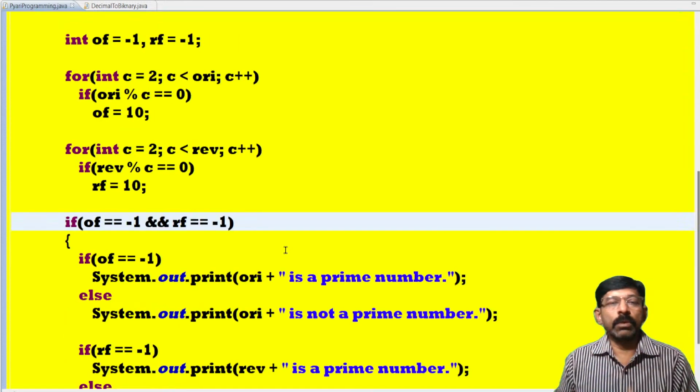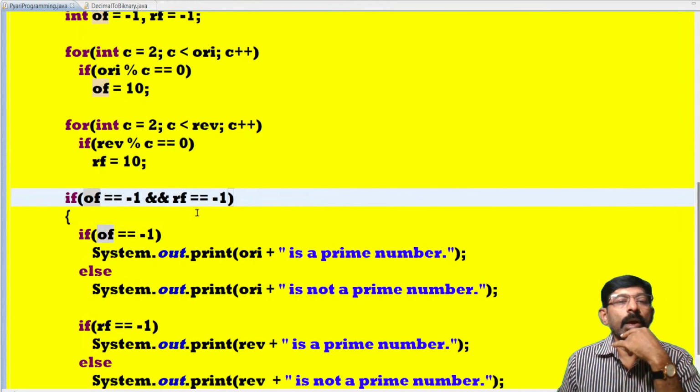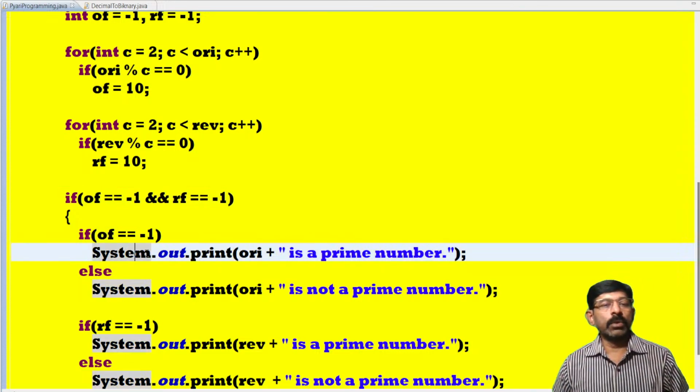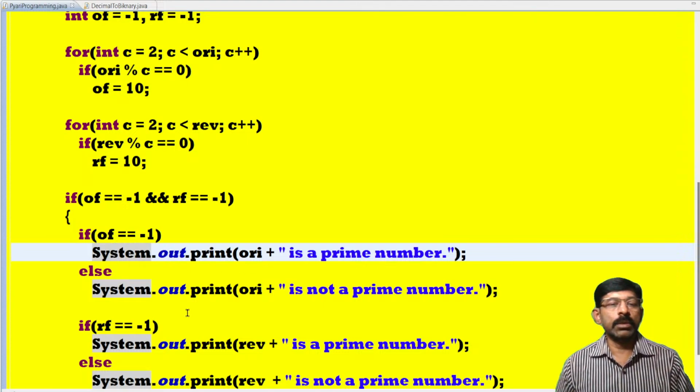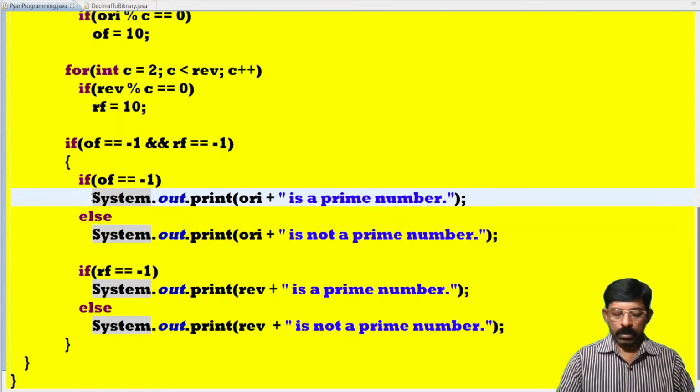Did I delete it somewhere? Original flag and reverse flag, both are -1, and 123 equal to -1 is the reverse one.